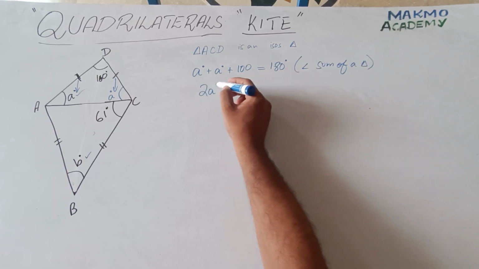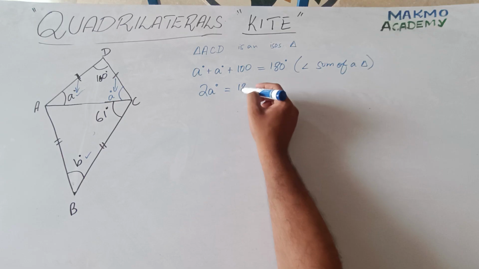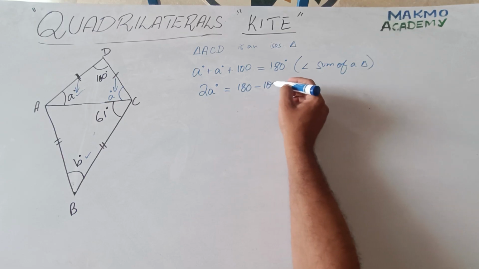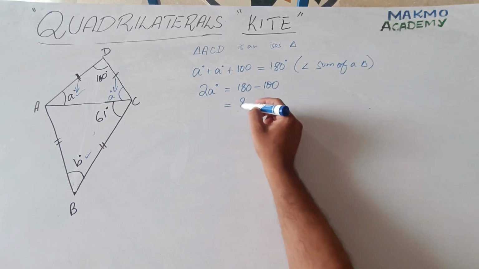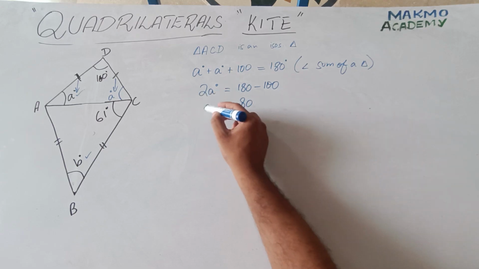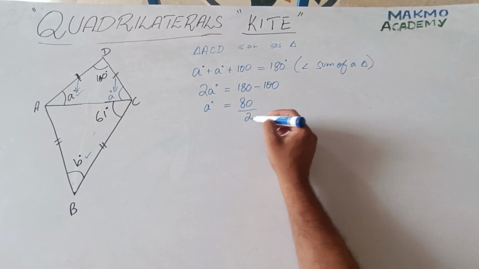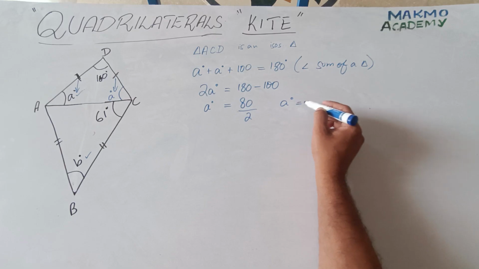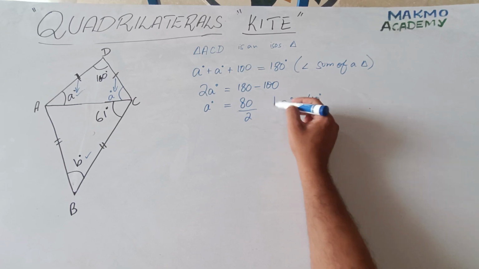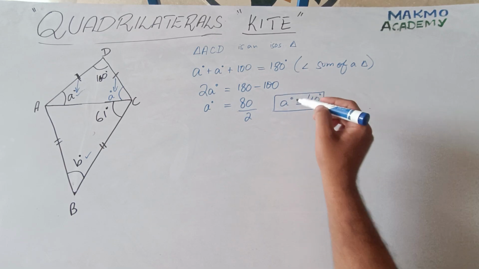A plus A is equal to 2A is equal to 180 minus 100. So this would give us 80, and this 2 is multiplying over here, it will come over here and divide. So A is equal to 40 degrees. This is how we can find out the size of the first unknown.